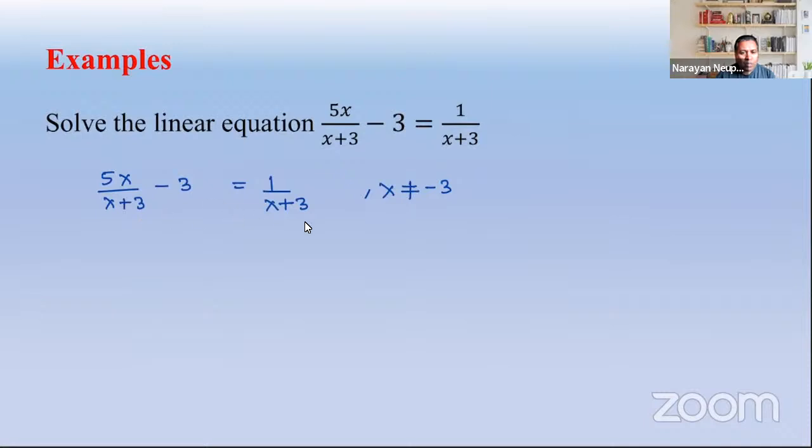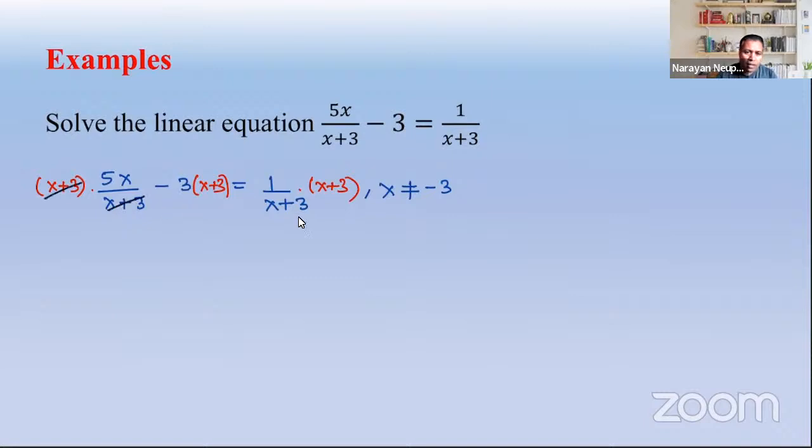Now to remove this denominator, once again, we are going to multiply throughout by the least common multiple. In this case, there is just x plus 3. So we are going to multiply each term by x plus 3 to remove the denominator. In the first term here, x plus 3 over x plus 3, these two will get cancelled.